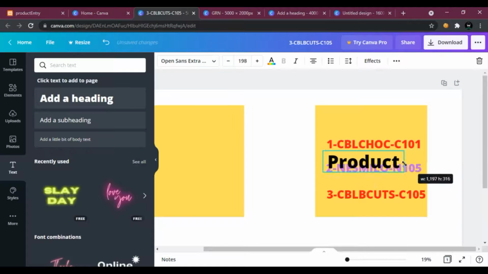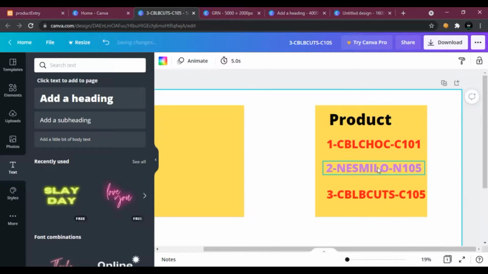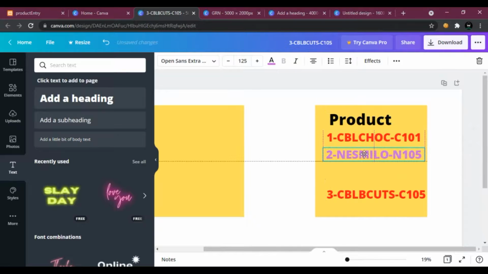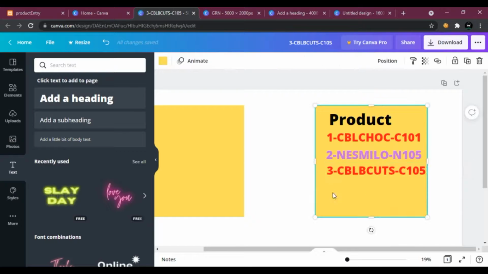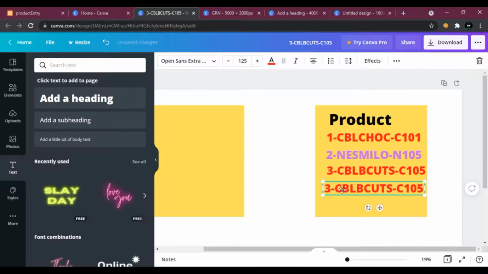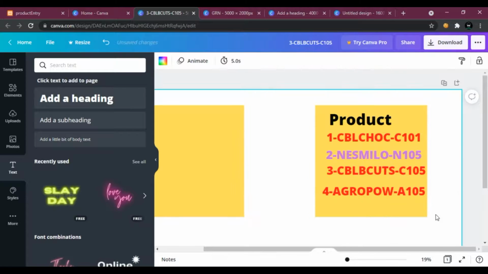Let's add another product for demonstration purposes, powder.